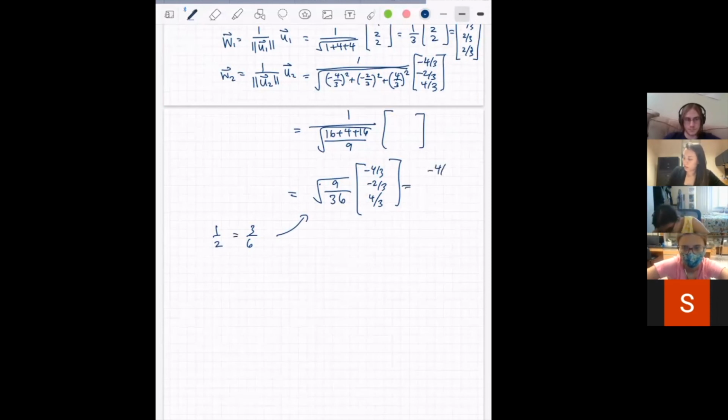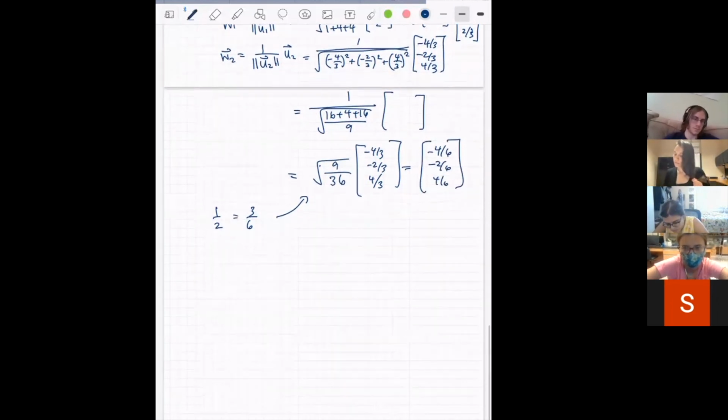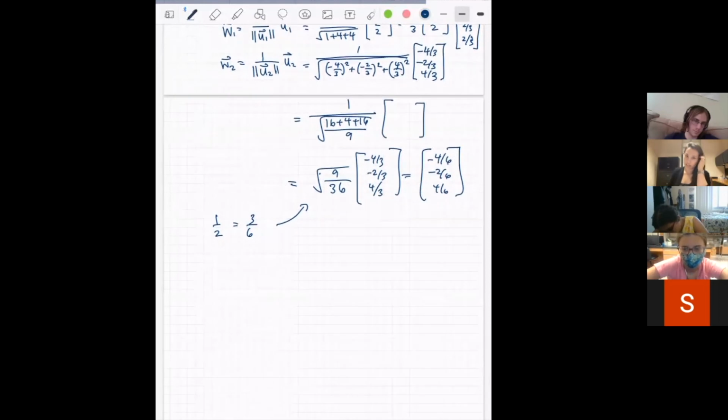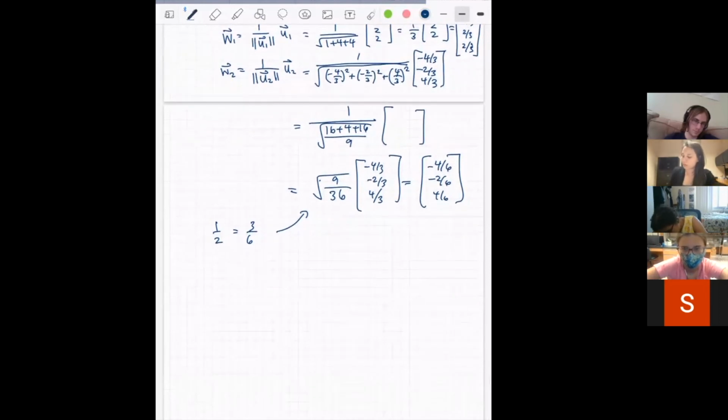So negative 4, 6, negative 2, 6, 4, 6. Okay, so that was the process of finding the orthonormal basis.